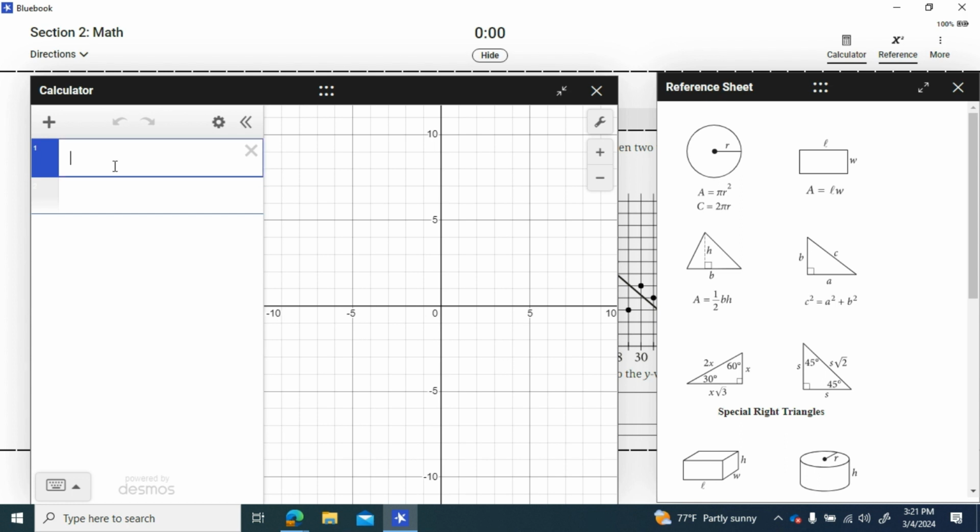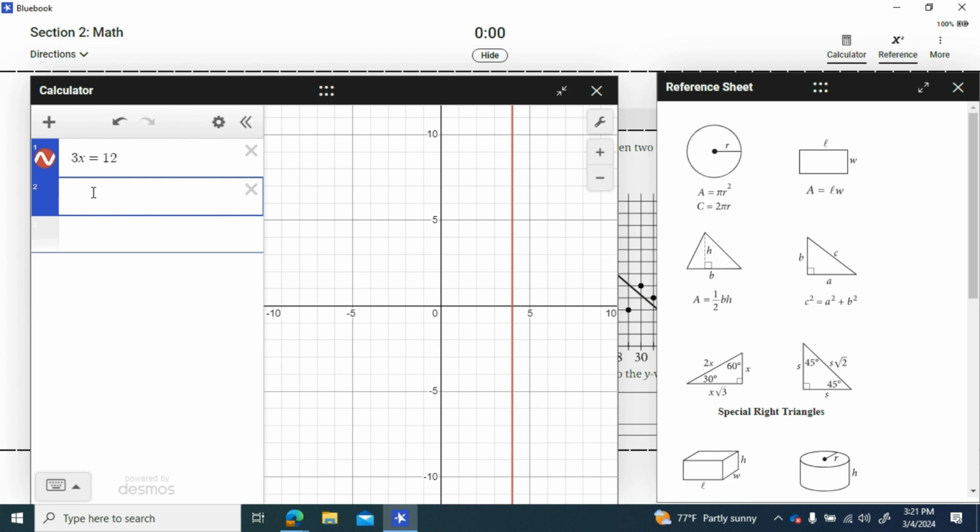So if you've got the time, then you can use the calculator. One equation says 3x equals 12. The other equation says negative 3x plus y equals negative 6. And our solution, it highlighted it for us, is 4, 6, where the y value is a 6.